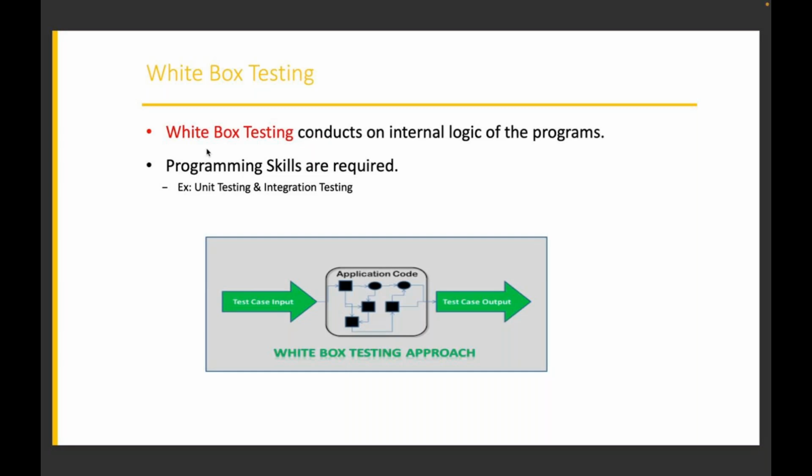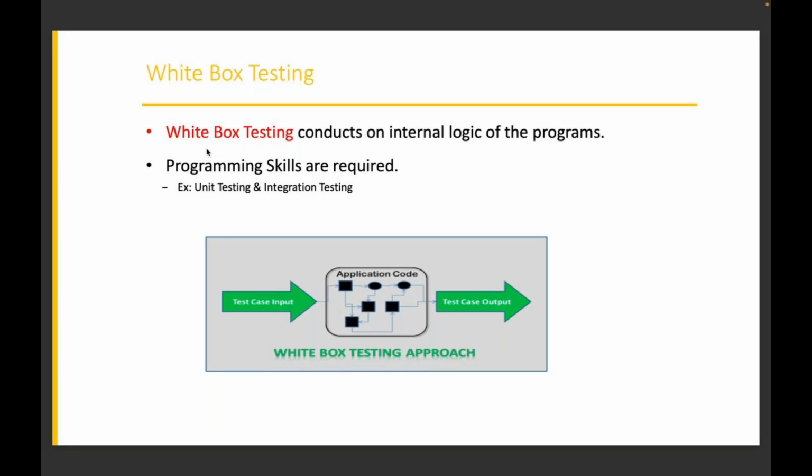If I'm clicking on submit, which part of the code is getting executed, what is actually happening, which method is getting invoked, and which method is returning whatever value, and we are getting the response. So that level of understanding you will have when you are performing white box testing, guys. In white box, usually as a QA, at least 60 to 70% of the skill set should be coding background.